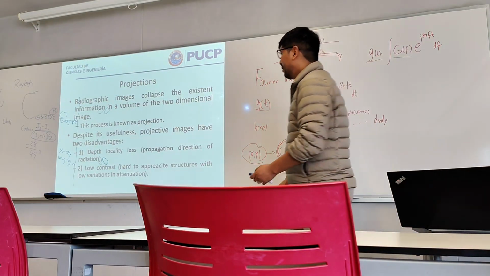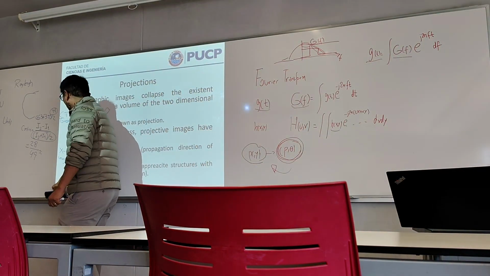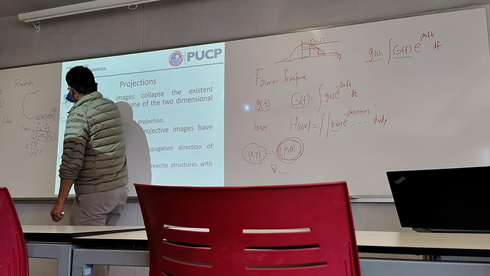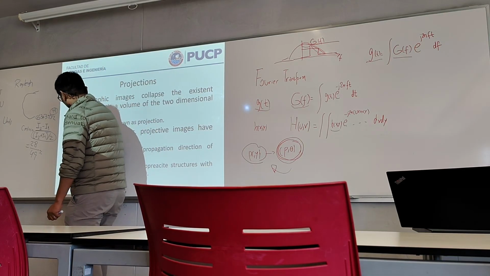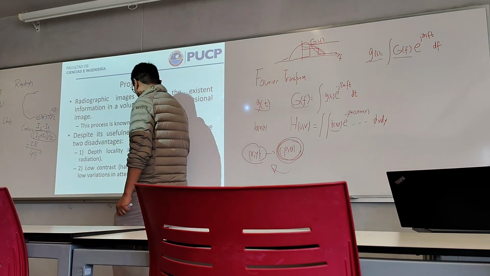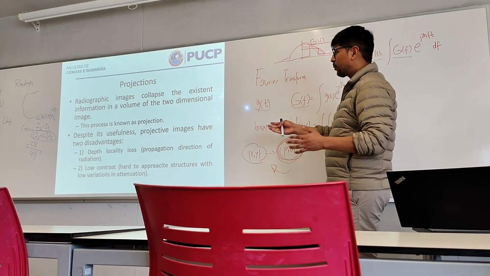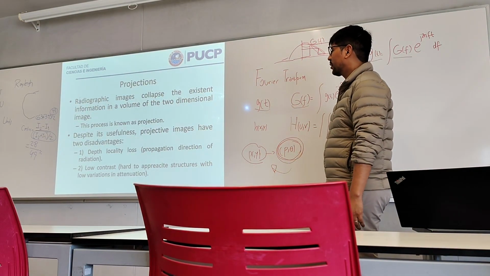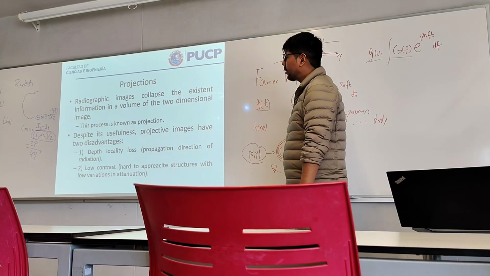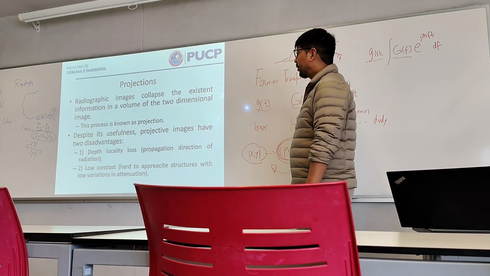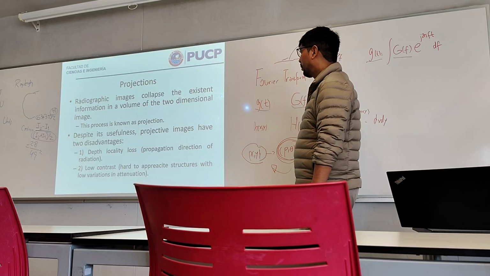What's the projection then? Radiographic images, or the ones that we have seen before, collapse the existing information in a volume into a two-dimensional image.